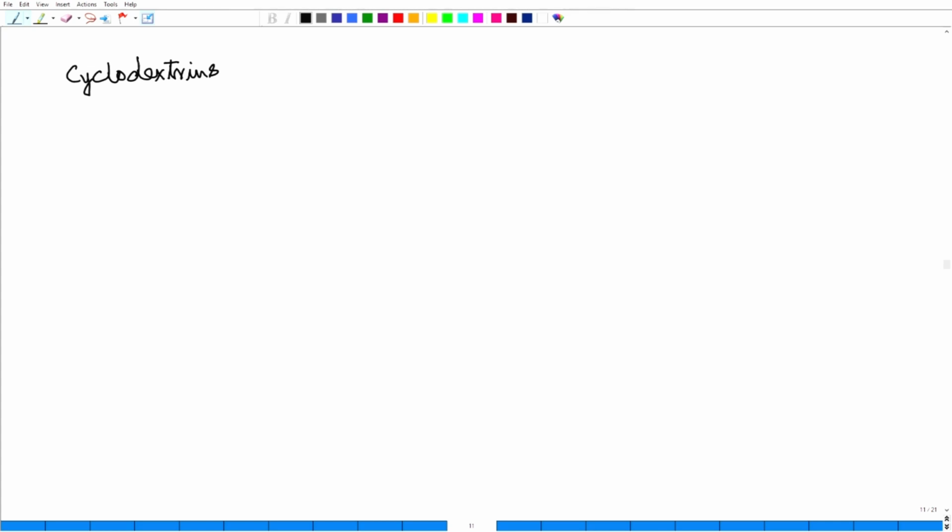There are specifically three cyclodextrins that are very important: alpha, beta and gamma cyclodextrins.